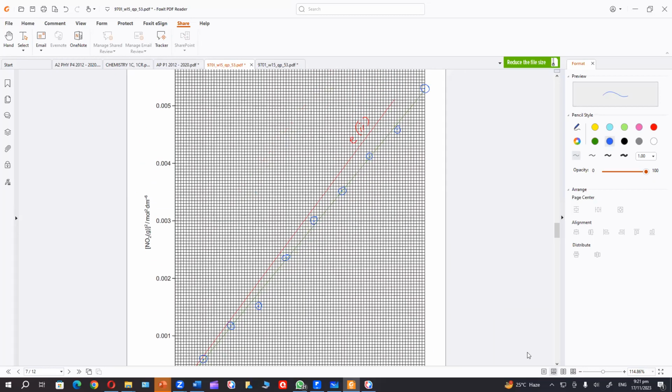This is the red line. You have to copy this. I've copied.